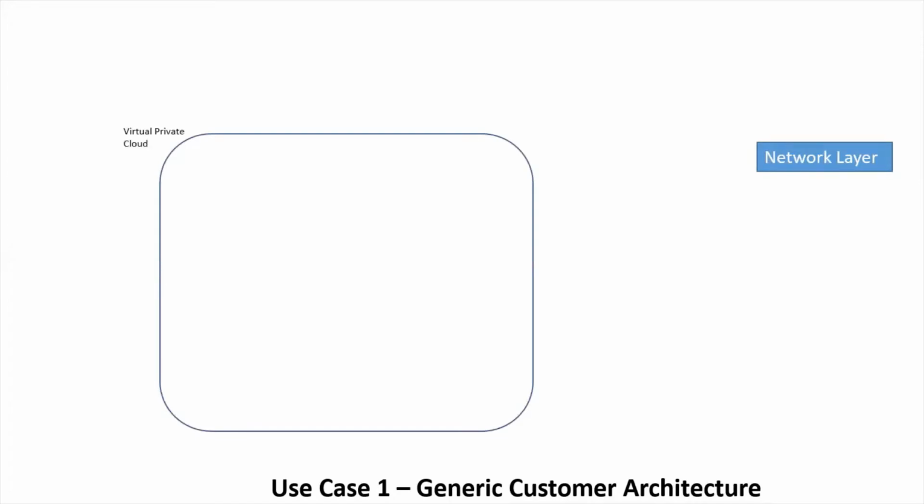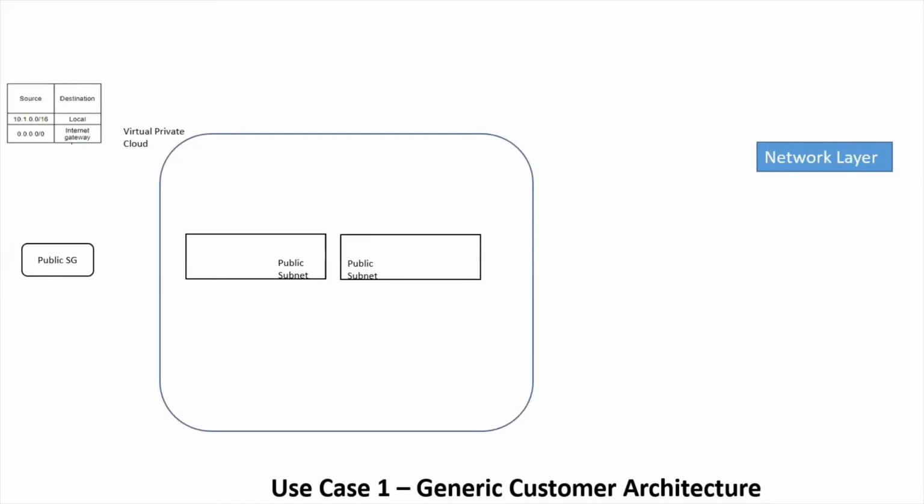Coming to the next slide, use case one, generic customer architecture. In the network layer, we will create a VPC, virtual private cloud, and a public subnet for network segregation, and a public security group, which is called the virtual firewall, to control the access, and a public route table as well, that is routing towards the internet gateway.